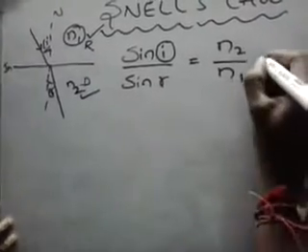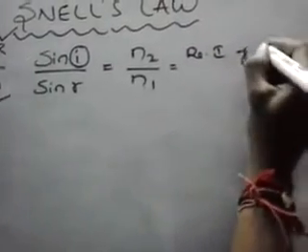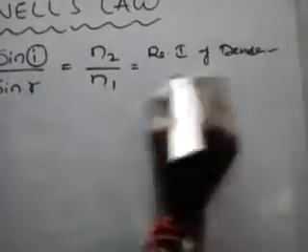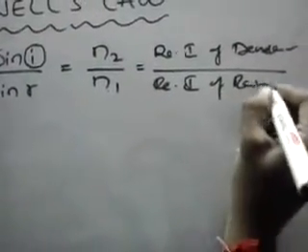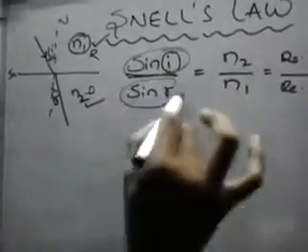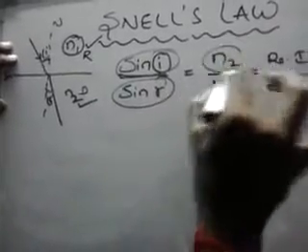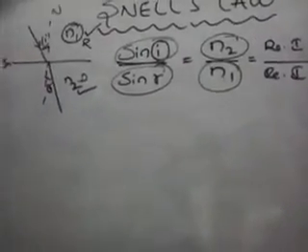So this is the ratio of the refractive index of the denser medium to the refractive index of the rarer medium. This is what we call Snell's law: sin i by sin r equals n2 by n1. Now we are going to derive this.